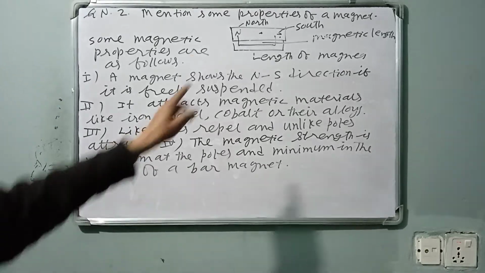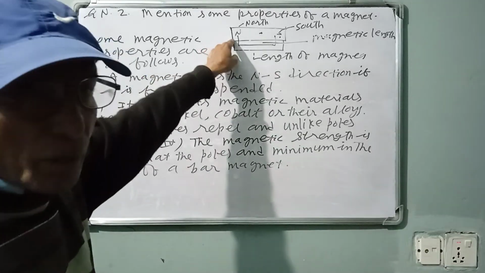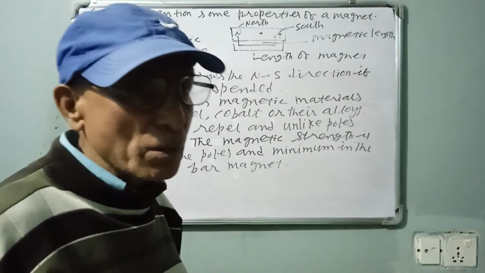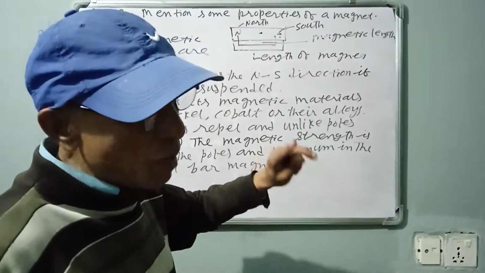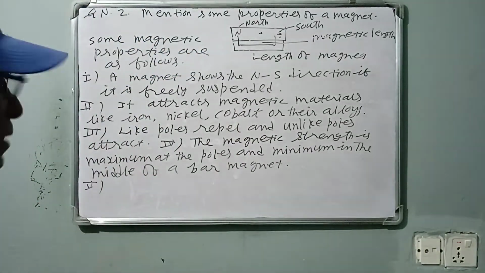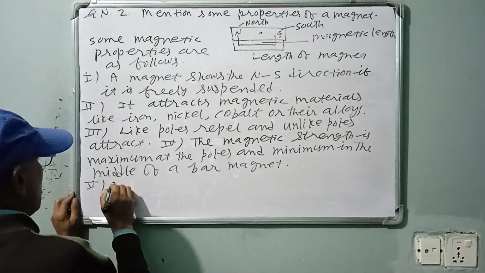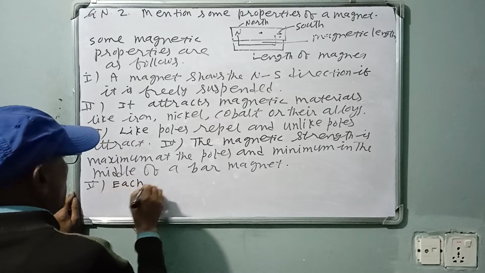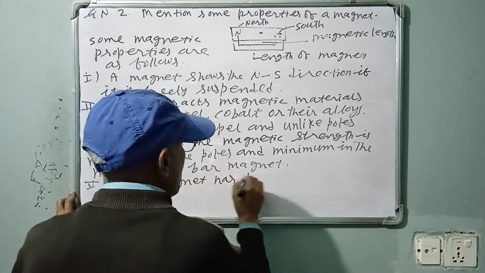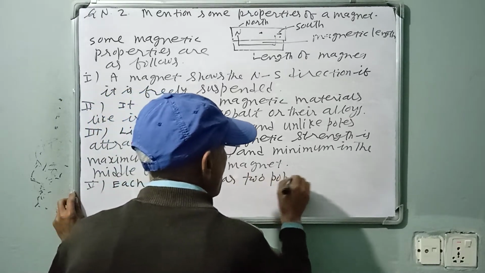Number 5: there cannot be one pole or three poles. One pole not possible. Three poles not possible. Only two and only two. Each magnet has two poles.